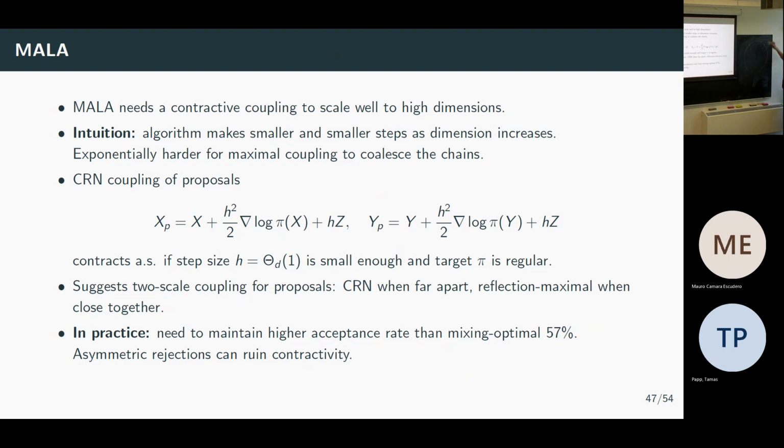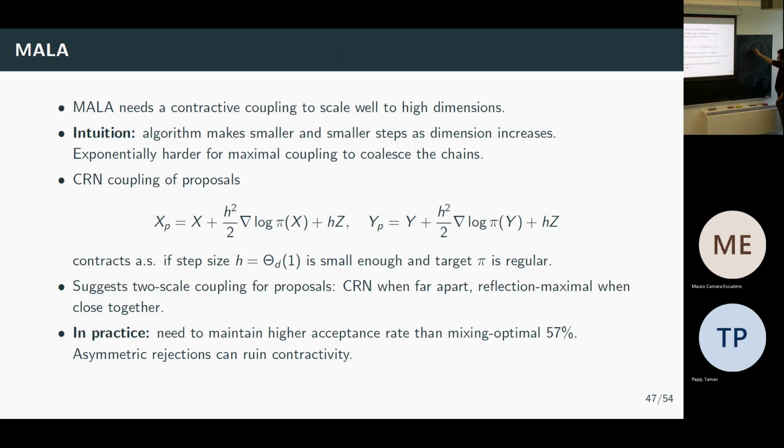So, there you go. Your target is this thin spherical shell around the origin, say. What the MALA proposal does is first move towards the gradient, towards the mode, and then it does some kind of symmetric step.